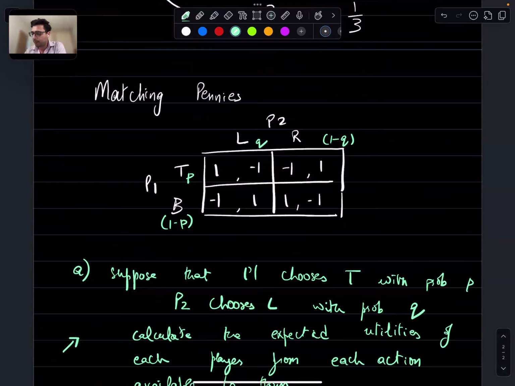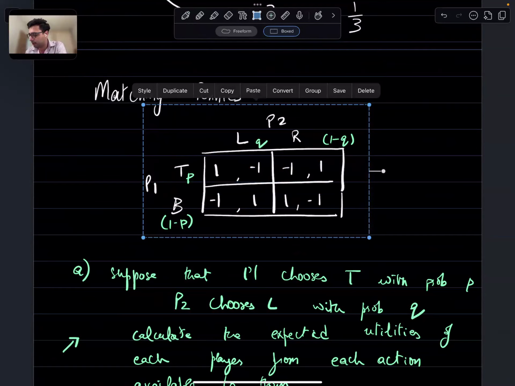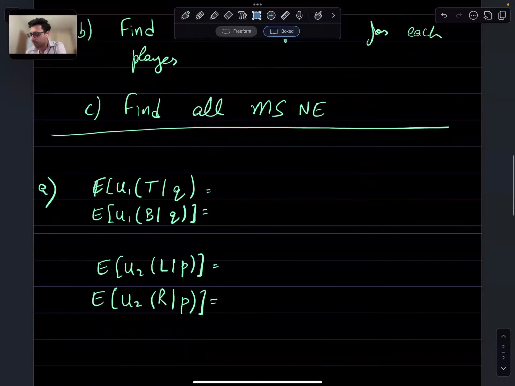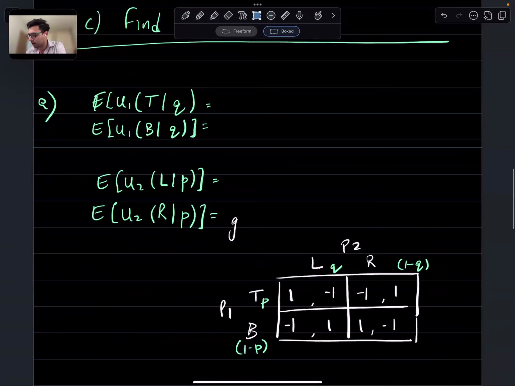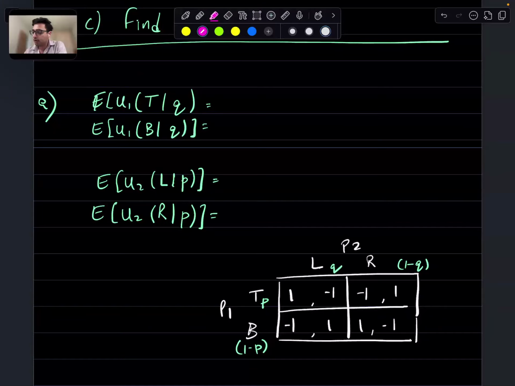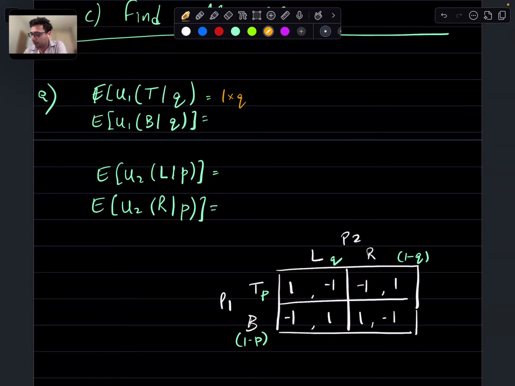Okay, let's go back up here. So for player one, when player one chooses T as in top, and player two mixes with the probability Q, player one gets this one with the probability Q, and this minus one with the probability 1 minus Q. So we have here 1 times Q plus minus 1 times 1 minus Q. Just open the bracket, you'll get 2Q minus 1.